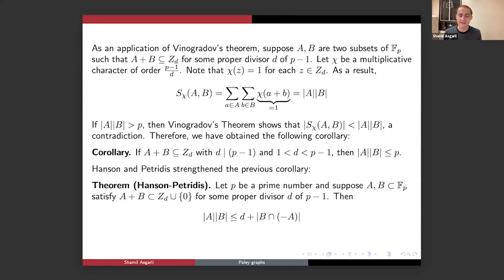What they showed is that not only is A times B less than or equal to P, they showed that A times B is less than or equal to D plus the cardinality of B intersect minus A. Minus A is just the elements of the set A with a minus sign, and we're looking at an intersection of B with minus A. This is the additional term you add, but the first term here is D. Now, it's not P, it's D. For example, if D is P minus 1 over 2, that's already much better than P here. So this is a kind of cool result.